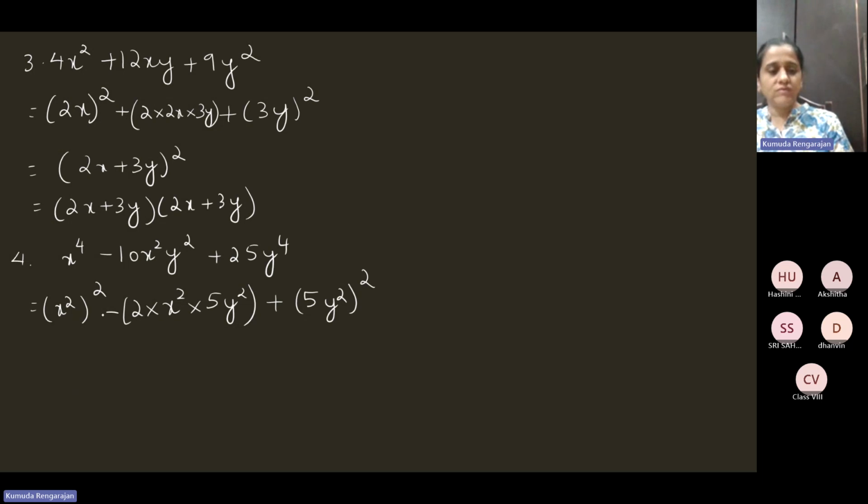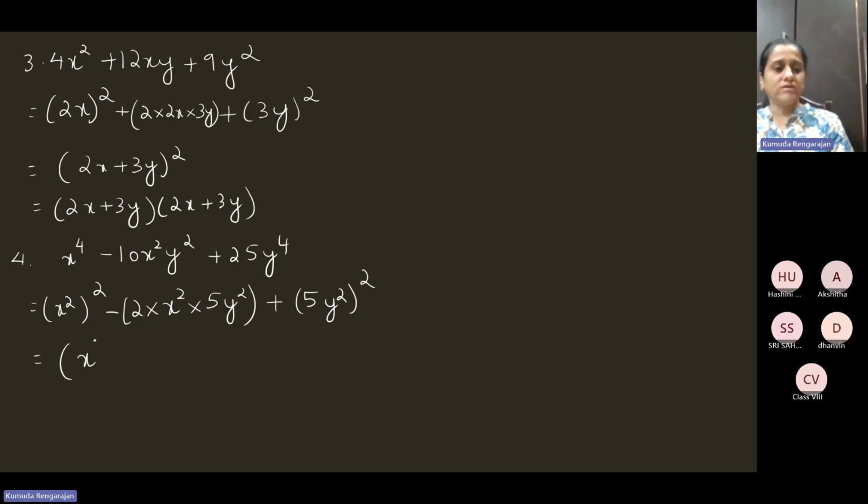Okay, so this is of the form a squared minus 2ab plus b squared. So what's the answer, Harini? What is a here? X squared. And what's b? 5y squared. X squared is a and 5y squared is b. So the answer is a minus b the whole squared.